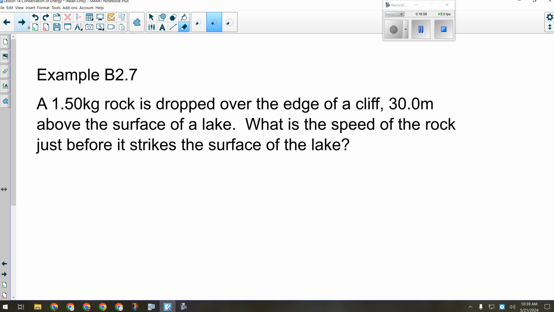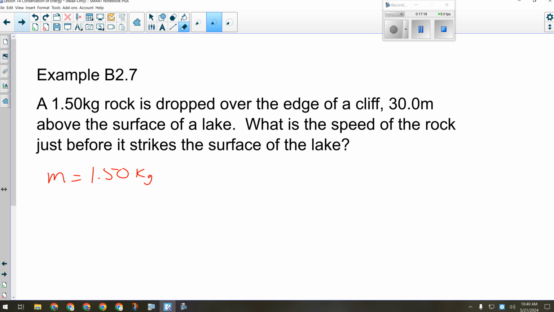Okay, so in this question, I'm given the mass of the rock, and I'm told that it's dropped over the edge of a cliff. So somebody stands at the edge of a cliff holding a rock out over the edge. How fast is the rock going? 0.